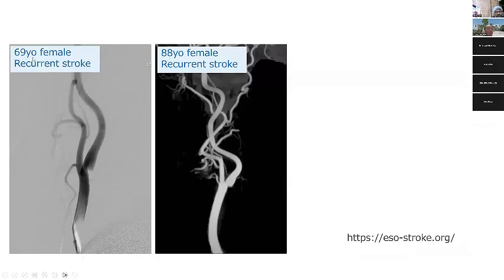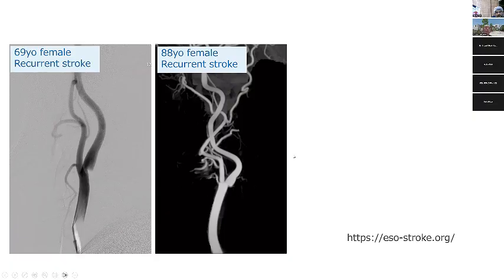This case is a 69-year-old female with recurrent stroke under full medication, dual antiplatelet therapy. This case also has a recurrent stroke, even after administration of antiplatelet treatment. And you can see that there is a bulging and protrusion of the vessel wall into the internal carotid artery.